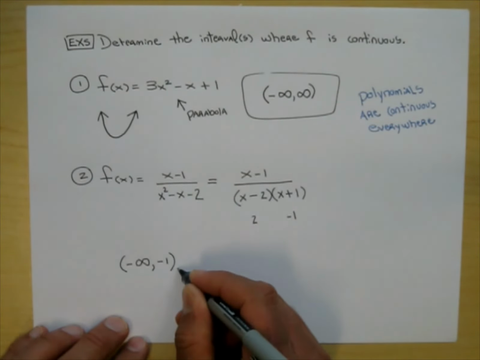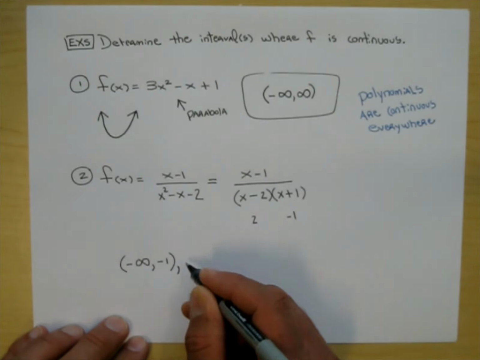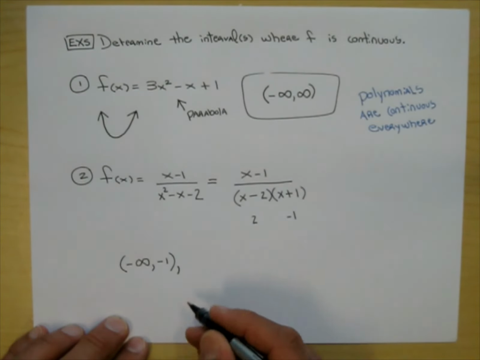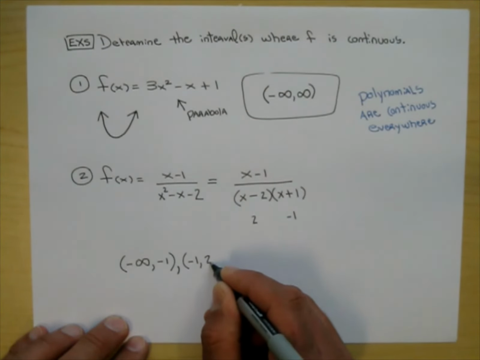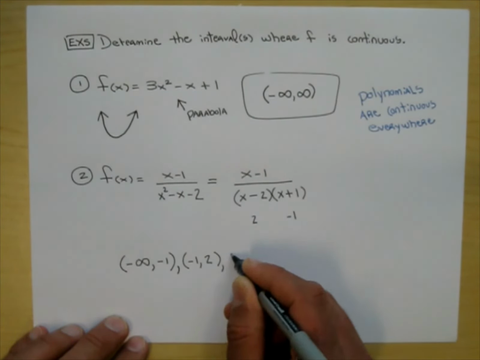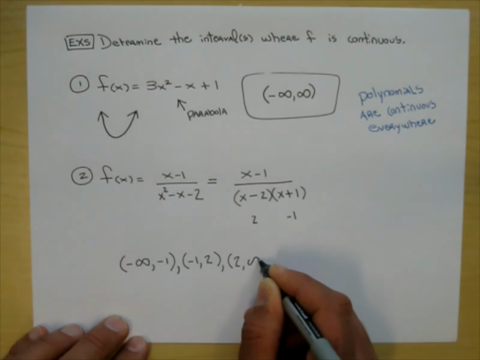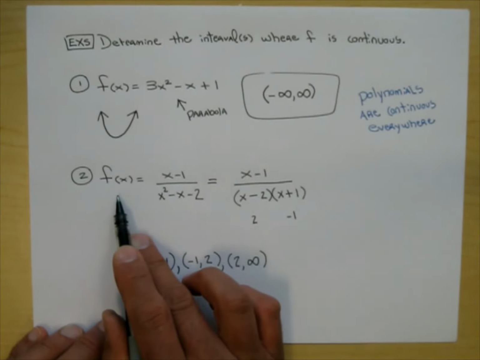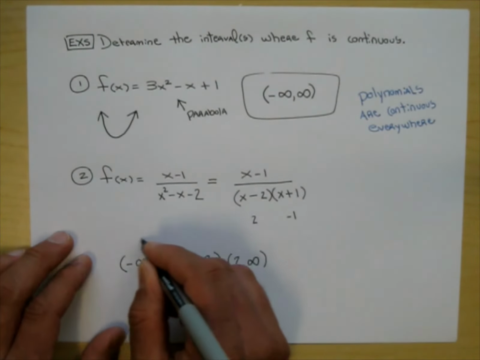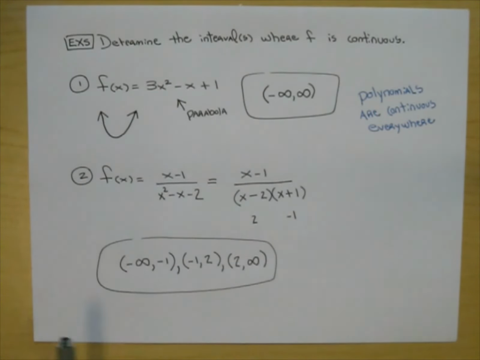We're just determining the intervals, we're just listing them out. We're not going to put the union. And then we're going to go from negative 1 to 2, and then from 2 to infinity. So these are the intervals where this function f is continuous.